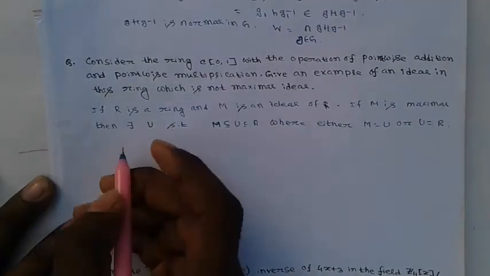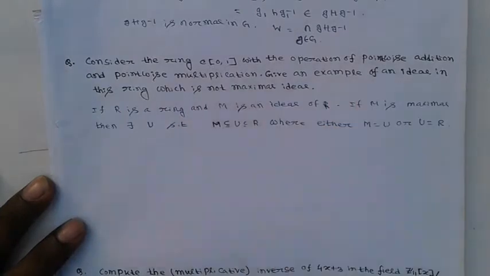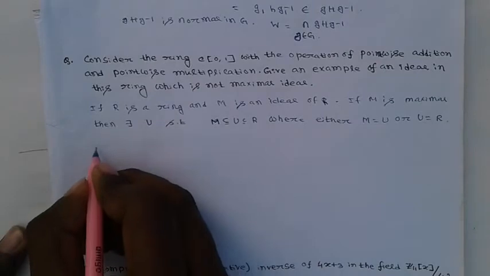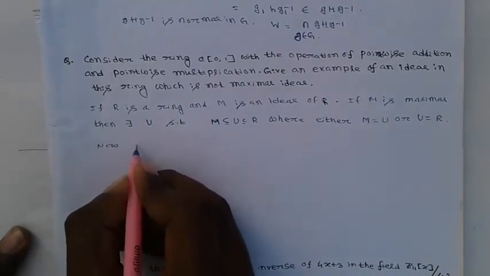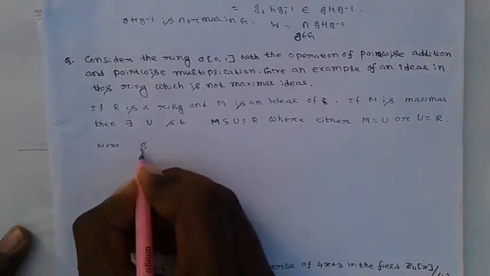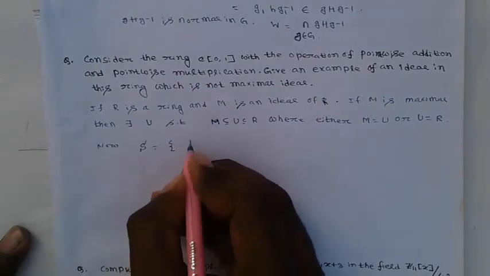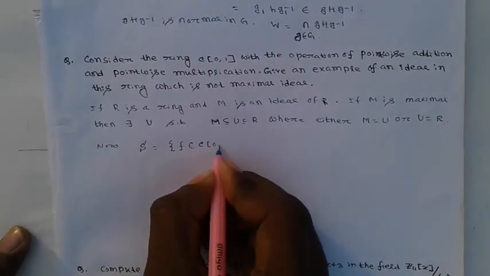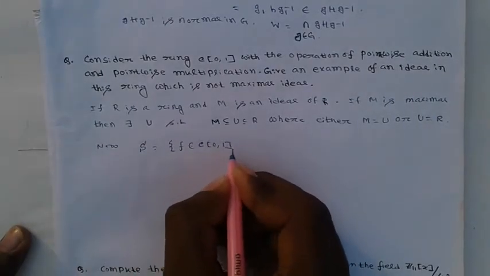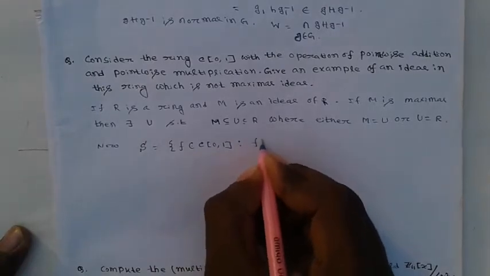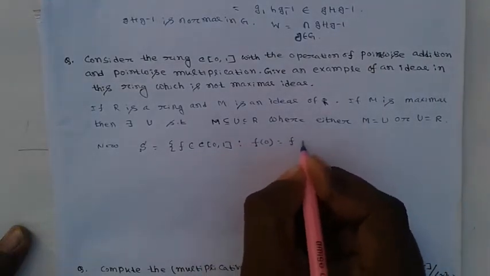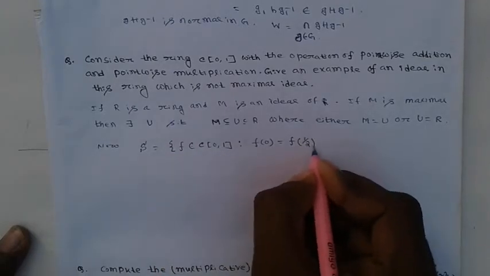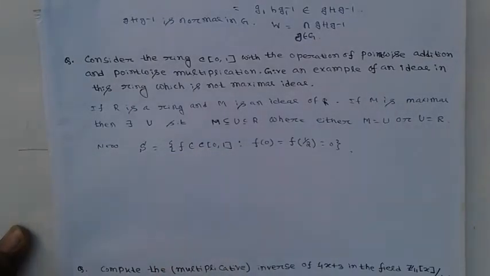Now we take S equal to the set of f belonging to C[0,1]. Continuous functions over [0,1] form a ring, you know that, and f(0) and f of some other point in this ring, say 1/2, equal to 0.